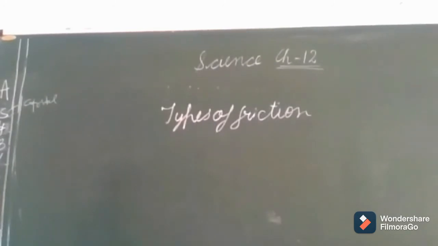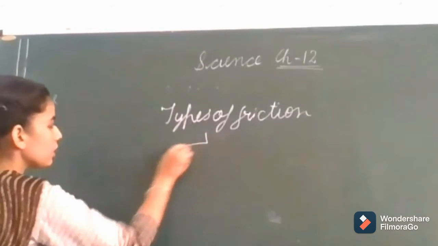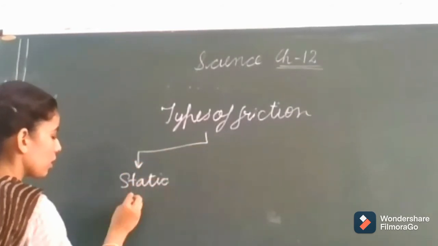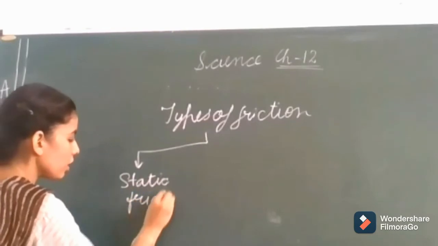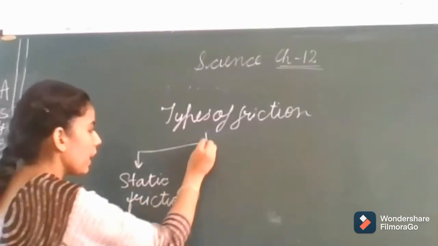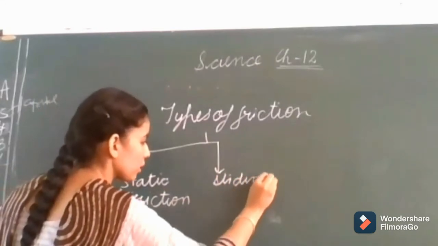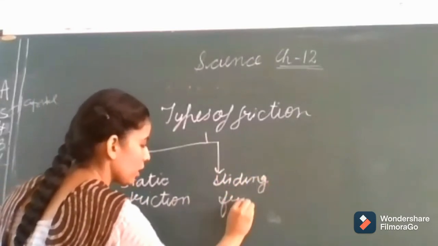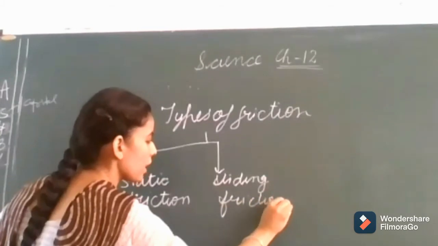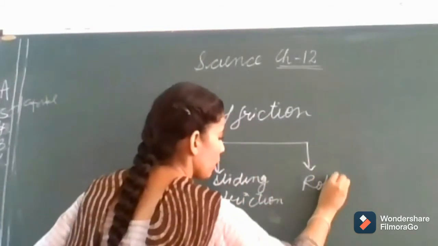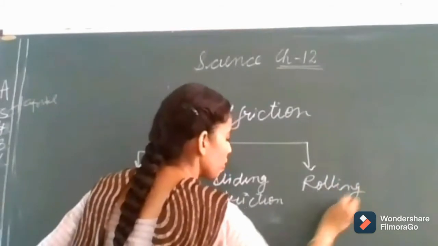So the first is static friction, and next is sliding friction. The third one is rolling friction.